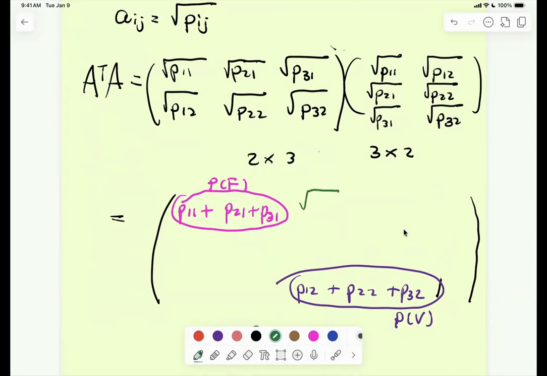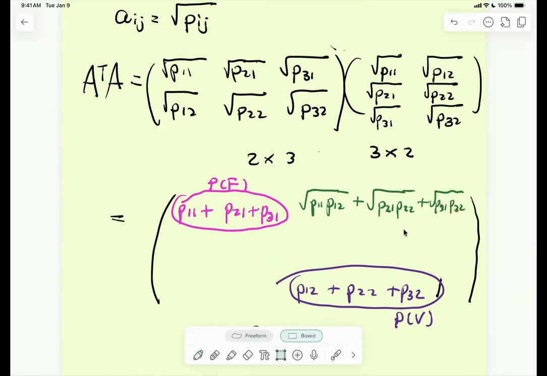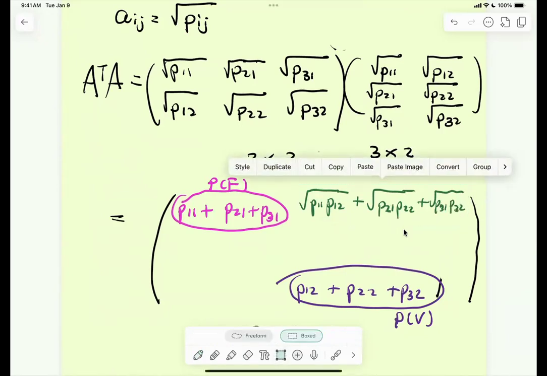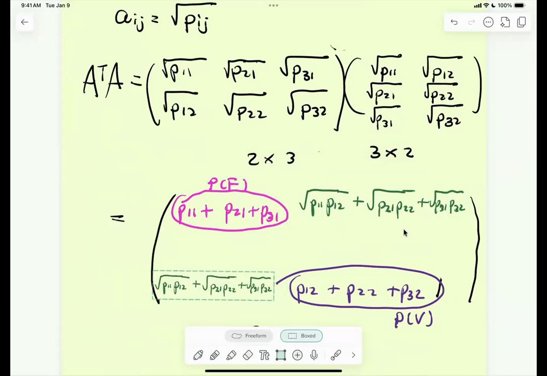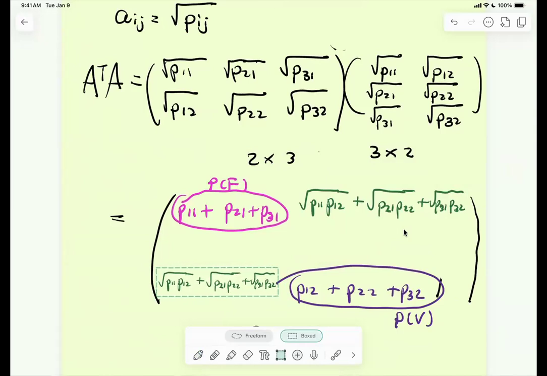So if you do the other one, you'll get root of P11 times root of P12, plus root of P21 times root of P22, plus root of P31 times root of P32. And it is symmetric, so it's the same number in the other off-diagonal entry.